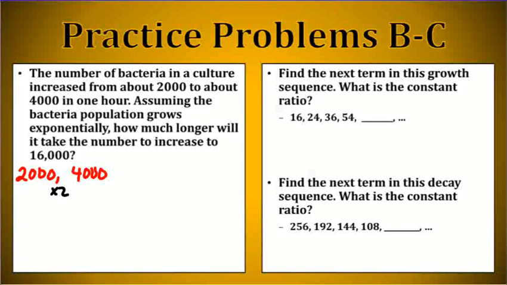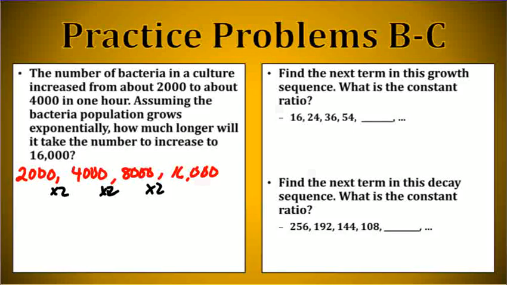So this one would be a geometric sequence, so I have to multiply 4,000 times 2 again, so this would give me 8,000. I multiply that by 2 again, that would give me an answer of 16,000.